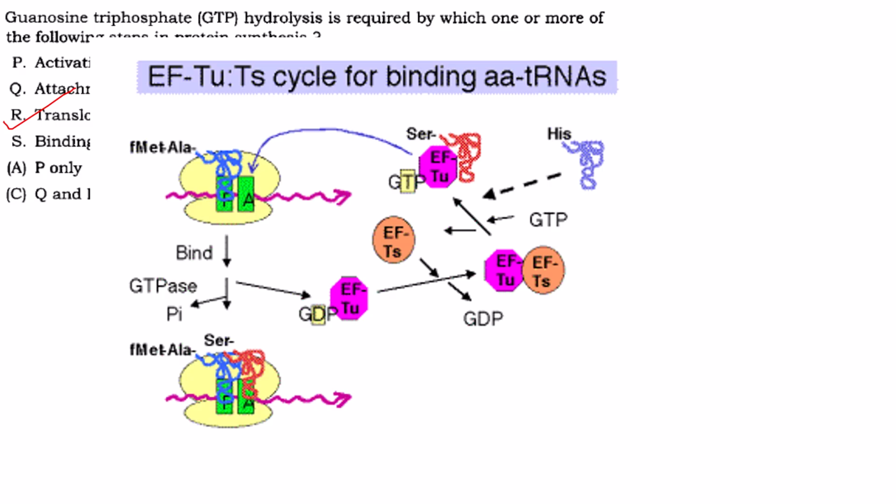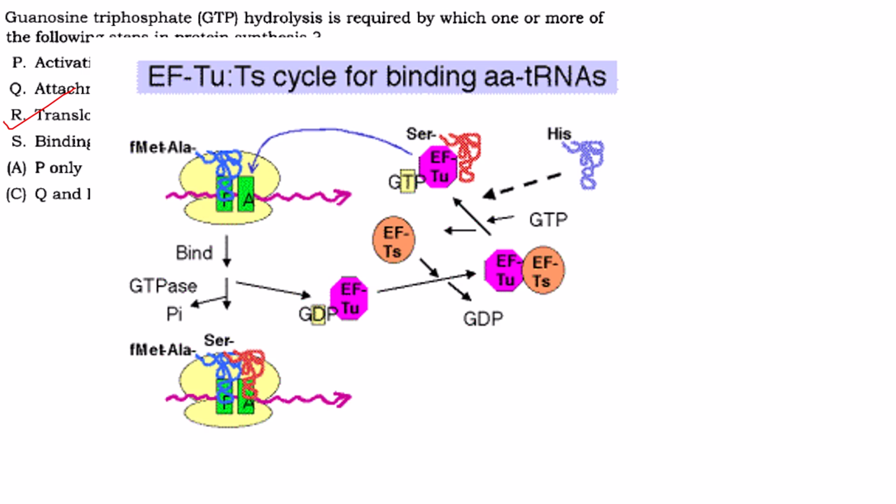So here in the beginning, you have the fMet, alanine attached to that, and now the A site is free, the ribosome has translocated, and the charged tRNA has to bind to the A site. So here your charged tRNA is the one with serine. So it will be bound by the EF-Tu GTP complex, and it will enter into the A site.